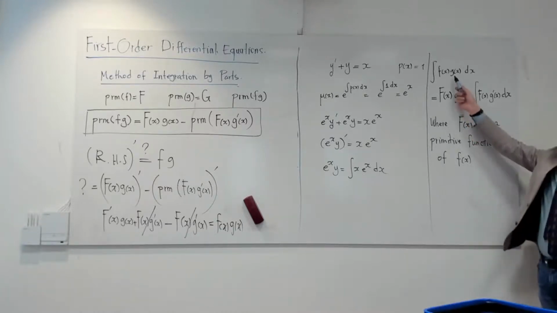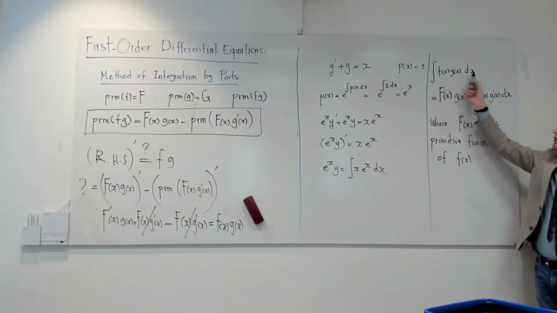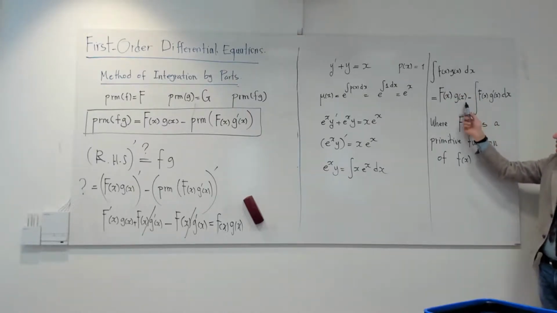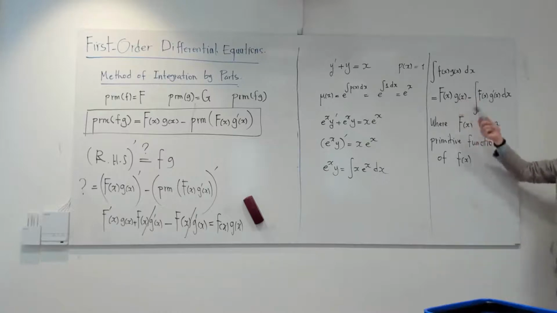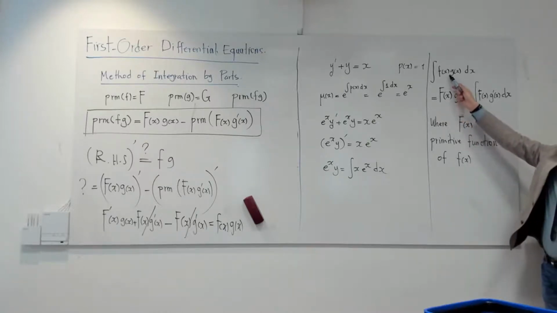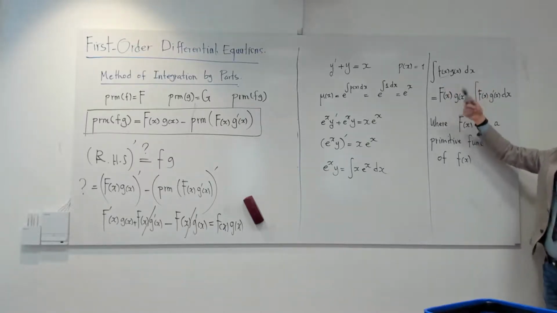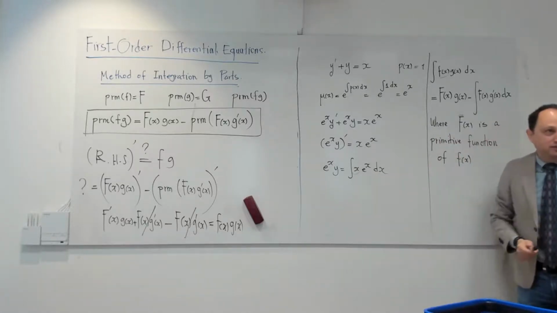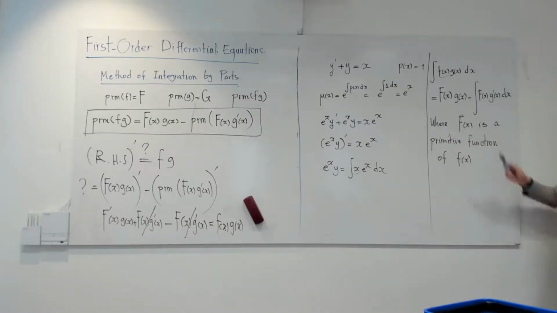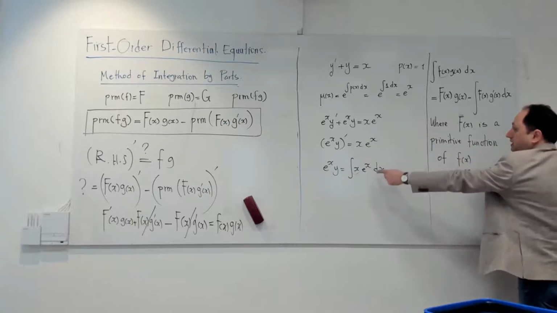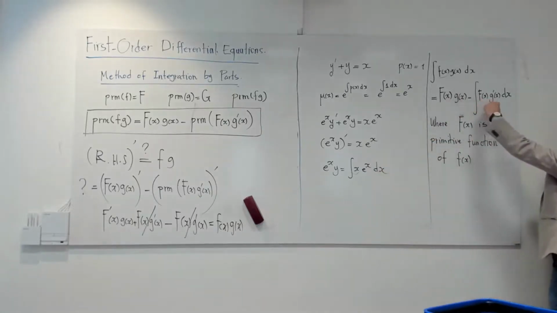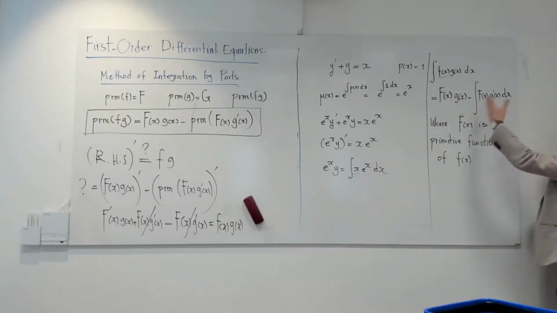In principle, f of x is just the integral of this part, which you know how to do. But you reduce the problem of calculating this integral to calculating another integral, with the hope that this new integral is simpler than the first one. If this is the case, then you can solve the problem.